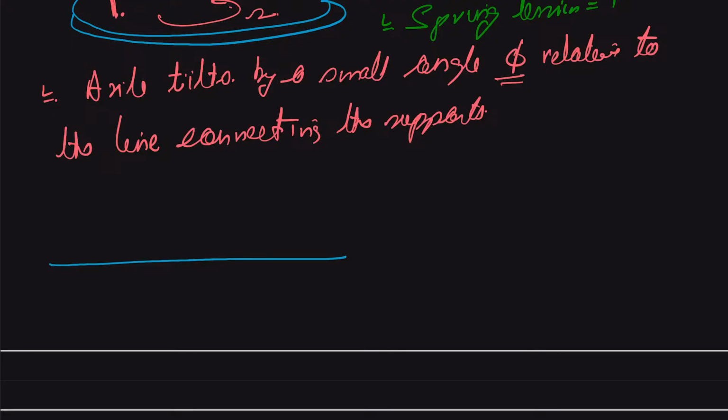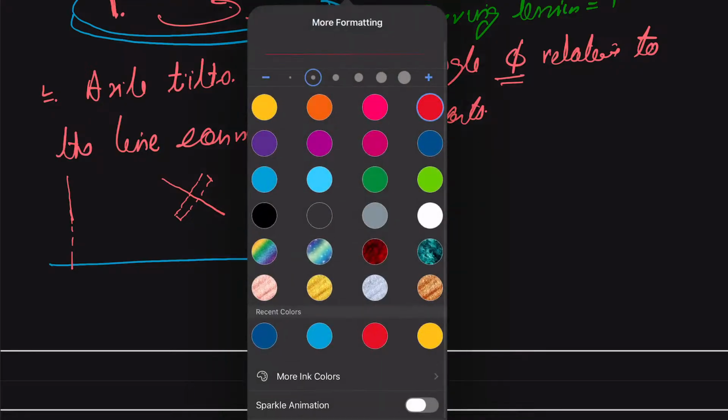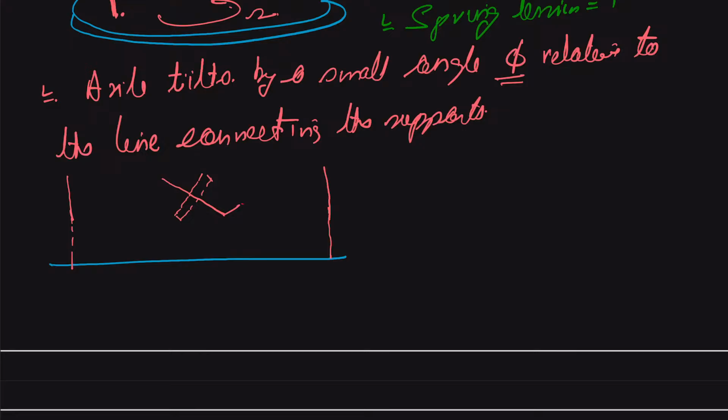This is the base, suppose, and we have the supports, and the disc is somewhere here, and this is our axle, and it is connected with the help of the spring to the supports.